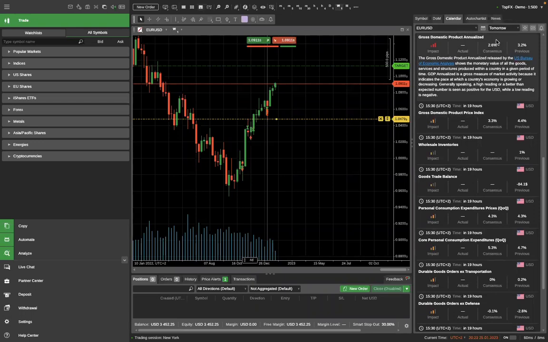And of course you can use the economic calendar to identify high volatility periods when one of your strategies, for example a day trading or scalping strategy, might be useful.